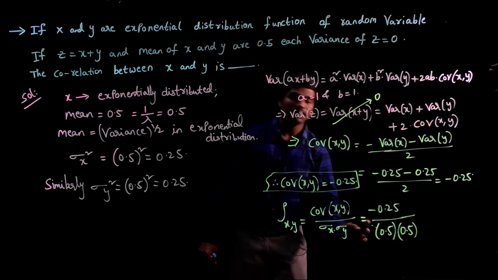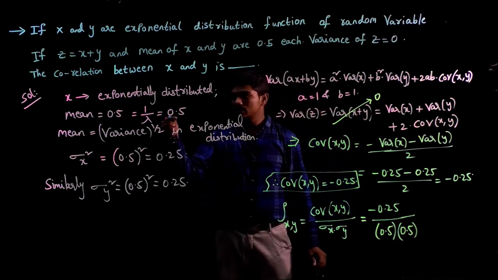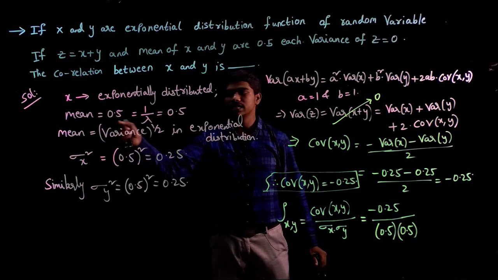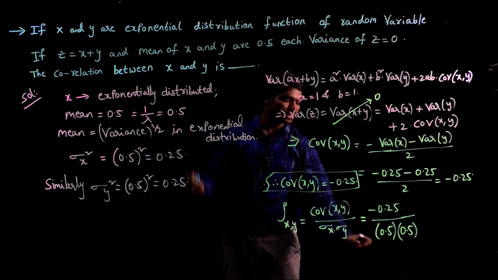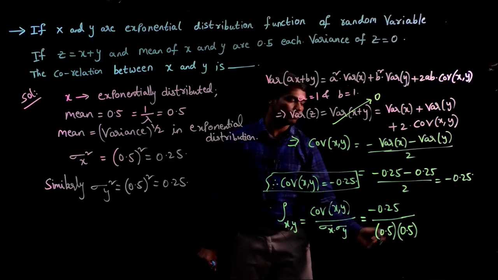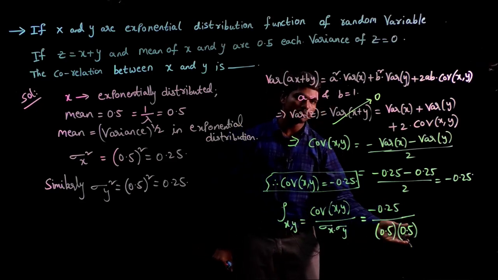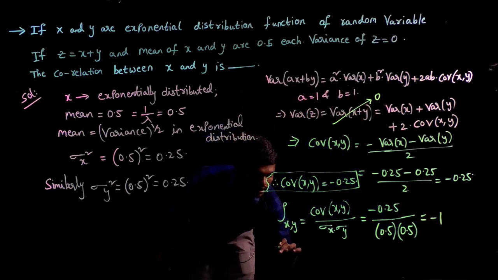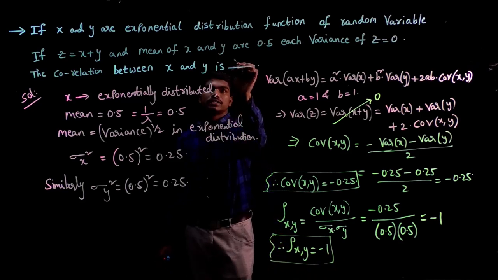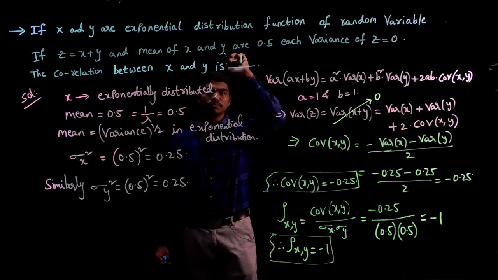You may doubt why I'm not taking the minus sign here, because in exponential distributions the mean is equal to the standard deviation, basically the sigmas. So when the mean is 0.5, the standard deviation is also 0.5, and if you cancel, this is nothing but 0.25, and minus 0.25 divided by 0.25 is minus 1. So the correlation coefficient of x comma y is minus 1. Okay, so basically the answer that we should get is minus 1.